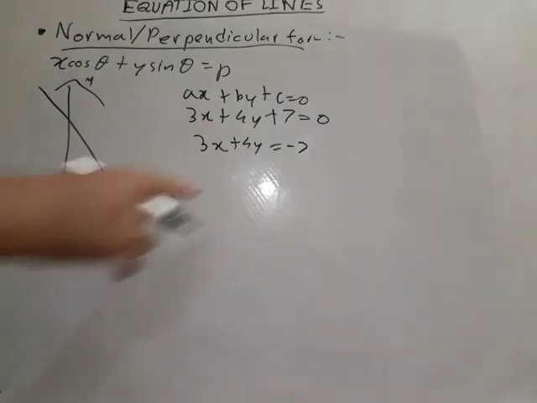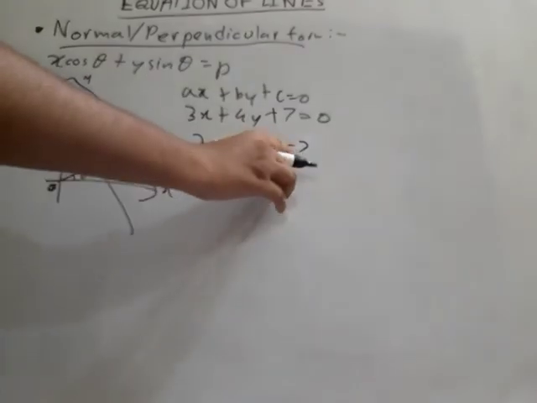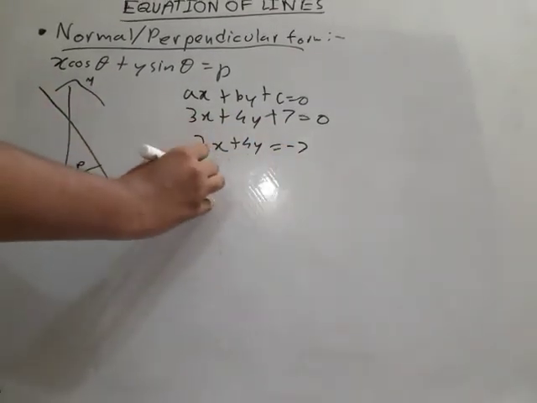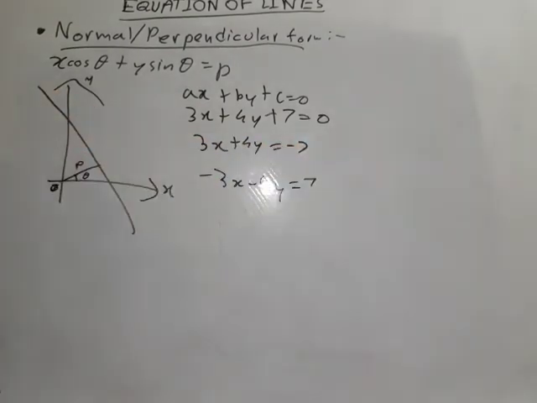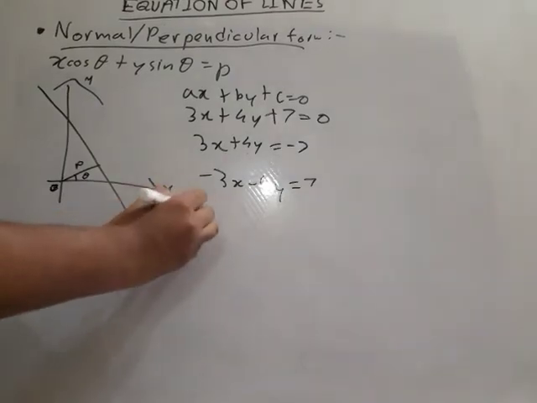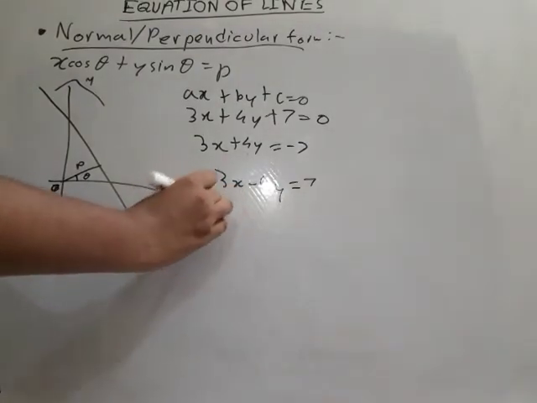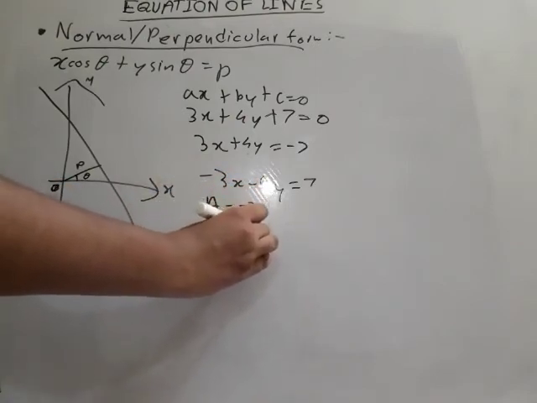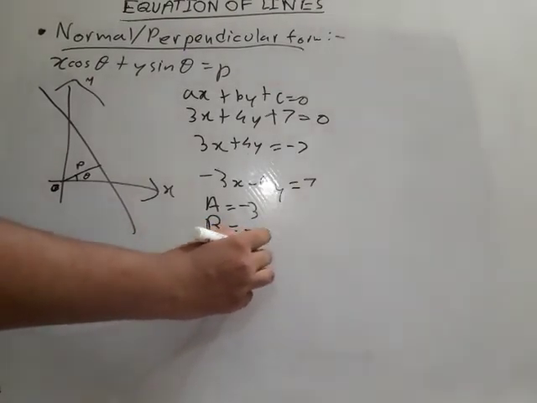We have to convert this c on the right hand side into positive. It means we have to multiply both the sides by minus. So minus 3x minus 4y equal to 7. Now capital A equals minus 3 and capital B equals minus 4, and capital C equals 7.